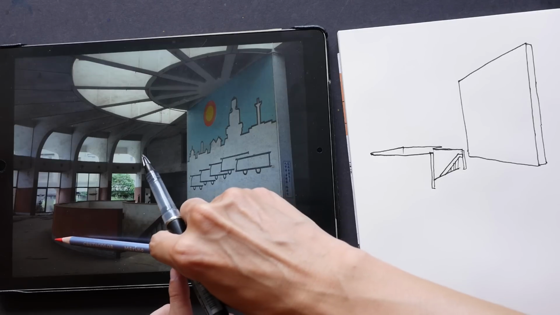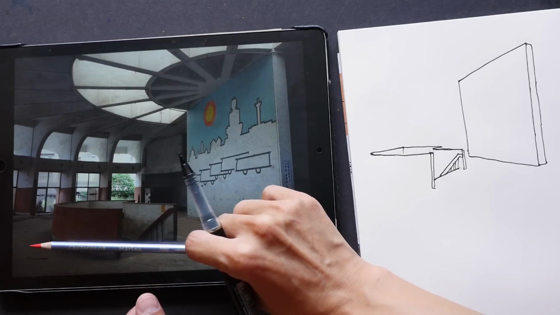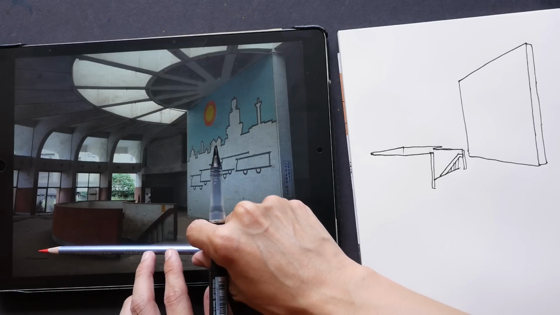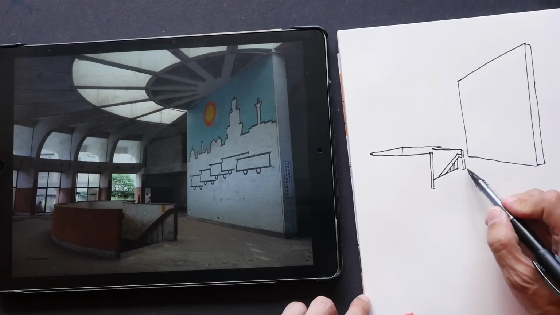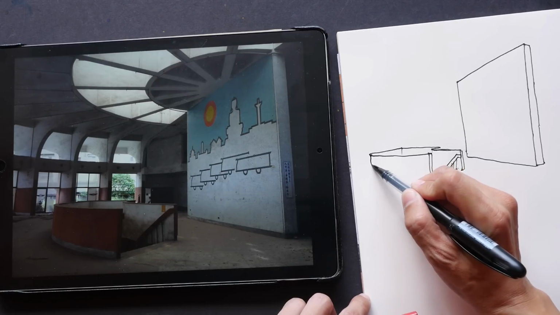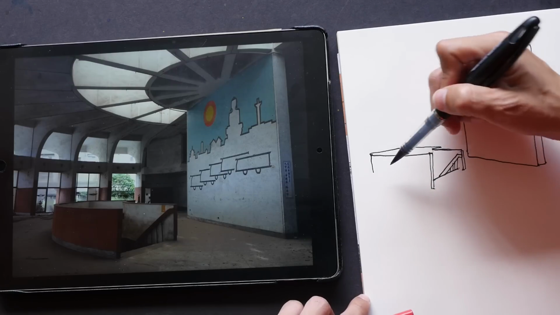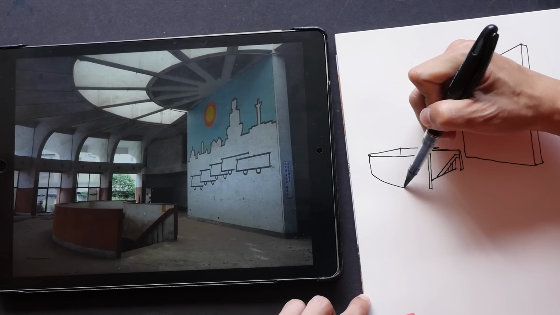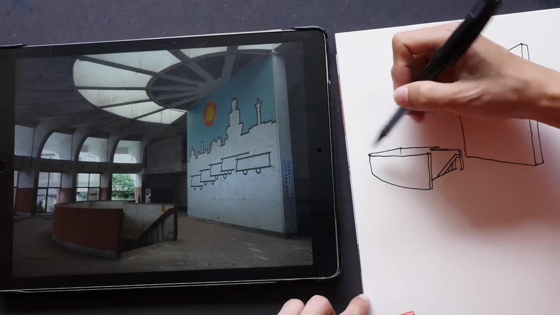And this edge here aligns with, let's see, I think it's slightly higher than this point here. So I shall draw it to this point here and then make a curve. Something like this.